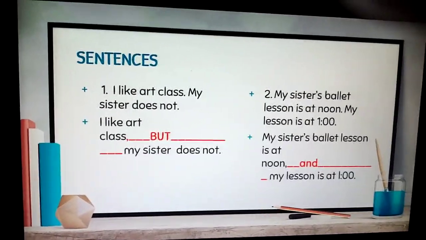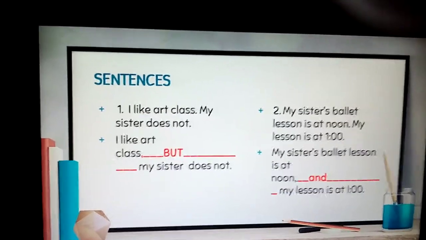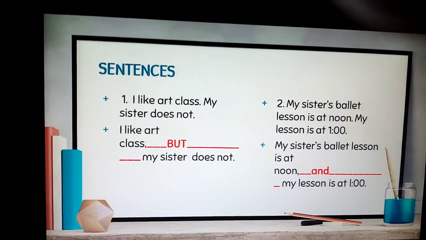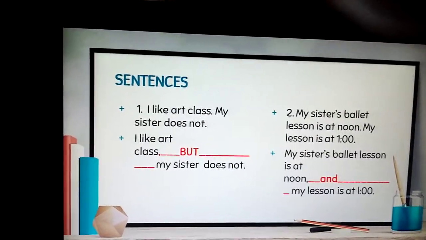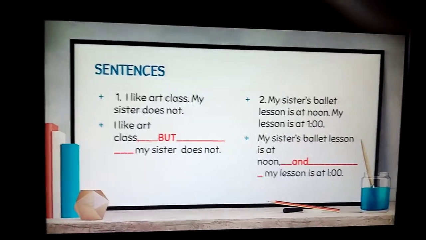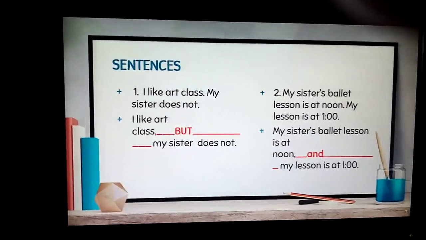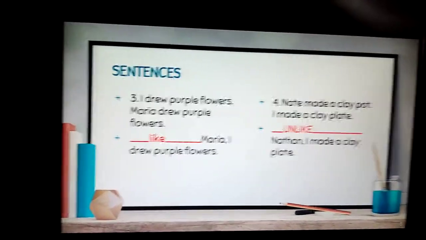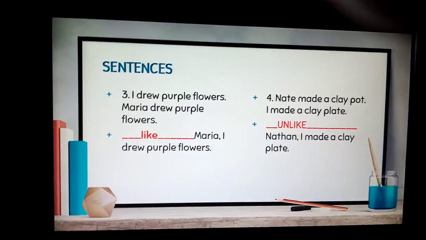My sister's ballet lesson is at noon. My lesson is at 1. My sister's ballet lesson is at noon, and my lesson is at 1. In these two sentences, we are going to use the words but and and. We're going to use the definitions to know the meaning of the words in order to answer the sentences.